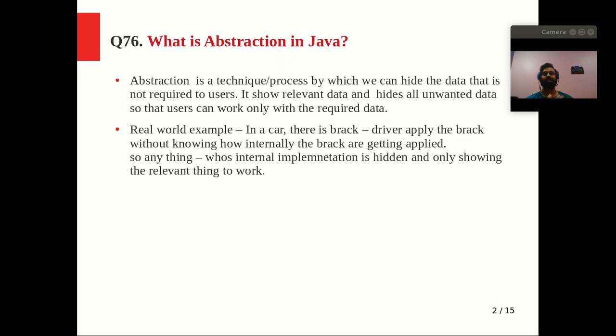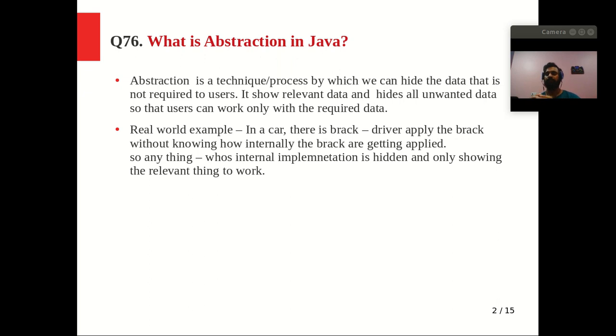A real world example of abstraction is a brake in a car. A driver applies the brake without knowing how internally the brake is getting applied, how the brake is working, or how the car is stopped after applying the brake.